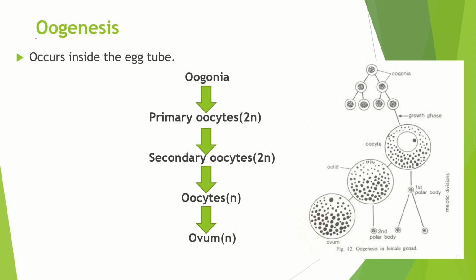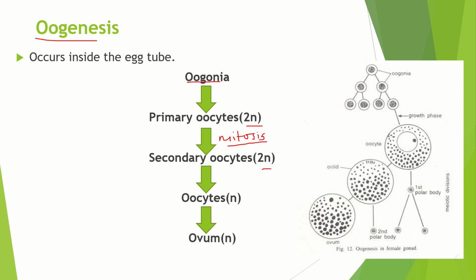Next is oogenesis. Oogenesis means the production of the ovum from the oogonia. This oogenesis occurs inside the egg tube. First of all, the oogonia produce the primary oocyte, and the primary oocyte develops into the secondary oocyte through mitotic cell division.